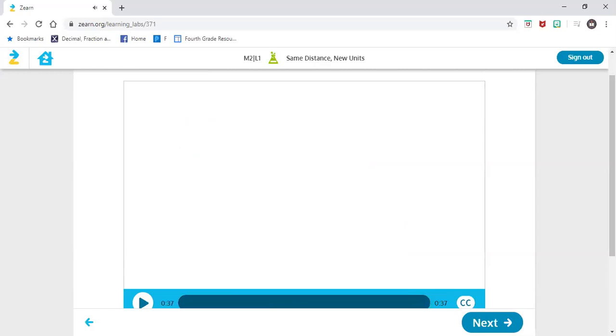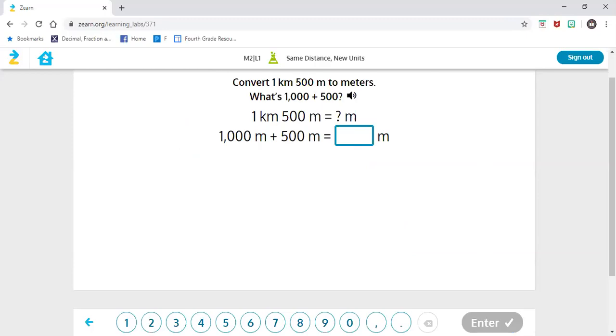So this is definitely getting us ready for mixed fractions. So now we're going to convert, and remember, convert means just to change 1 kilometer and 500 meters to all meters. So we're going to change that kilometer to meters, because in order to add the two together, they have to be the exact same unit. So it's like adding fruit.